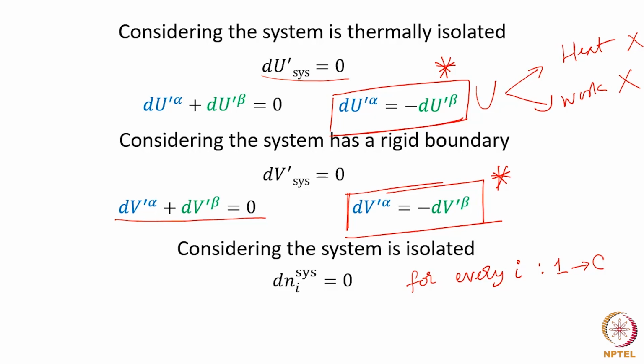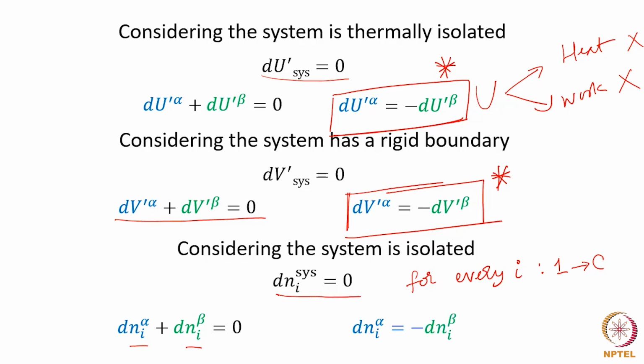That is, the change in the number of moles of species i in the system is 0. Now, the number of moles of any species in the system can be written as the sum of the number of moles of that species in the alpha region plus the moles of that species in the beta region, which means that dn_i alpha plus dn_i beta is equal to 0.